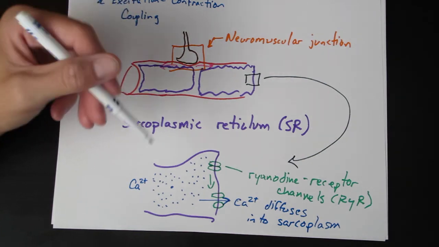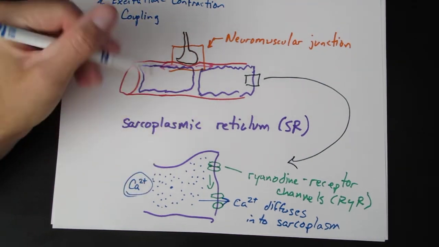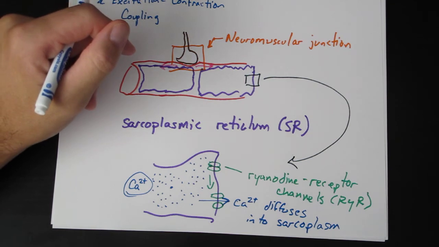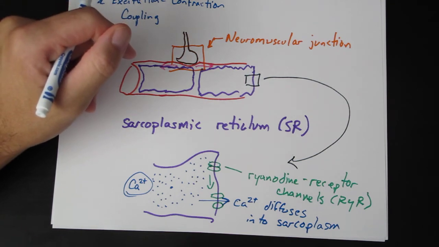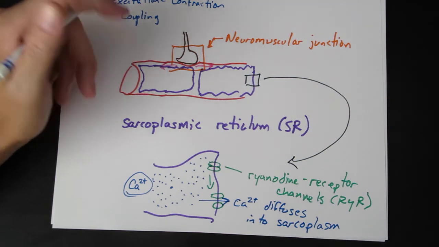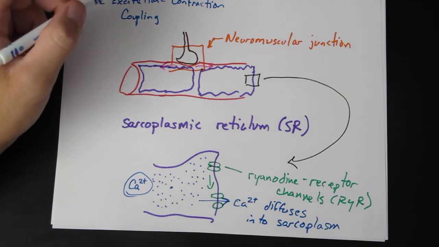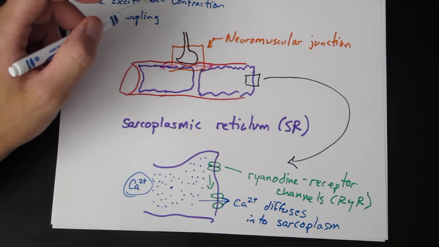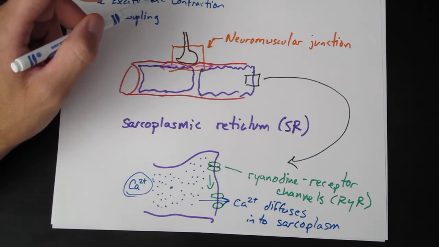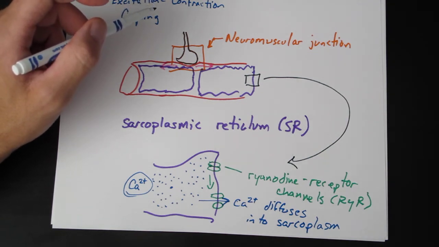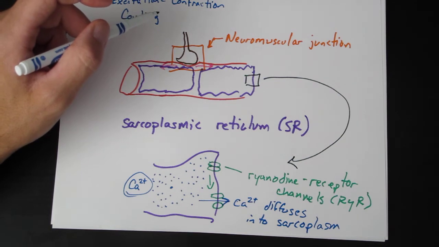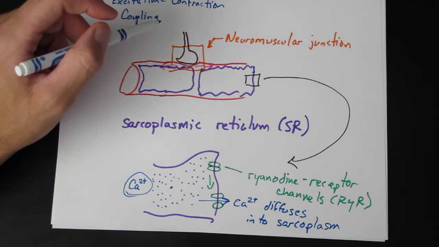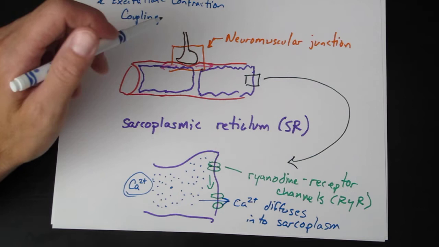Keep in mind that this is a different pool of calcium than the one that we encountered earlier, right? So we have a couple of different pools of calcium. When we talked about the events happening at the neuromuscular junction, we were talking about a pool of extracellular calcium that moves into the axon that allows for the exocytosis of these vesicles with acetylcholine.